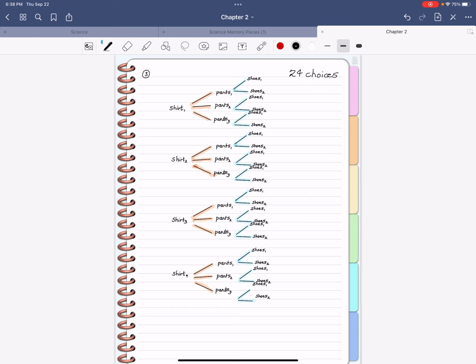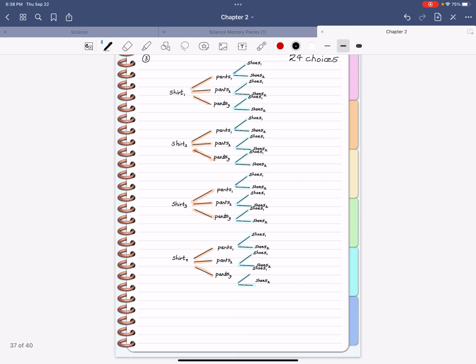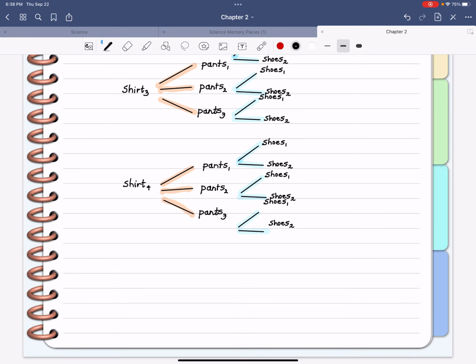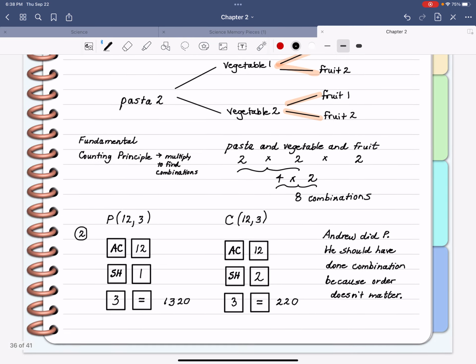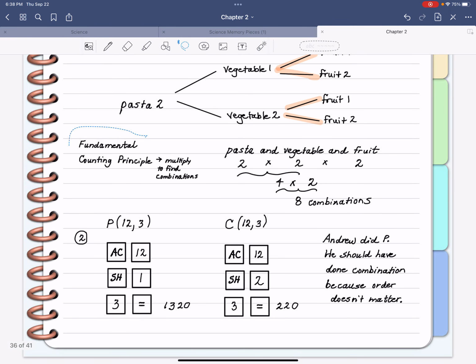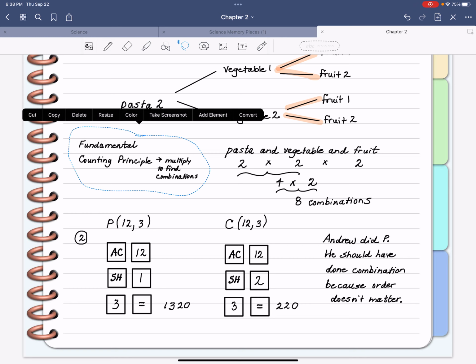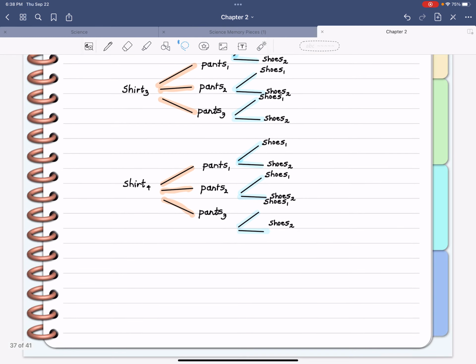But yet he has 24 choices of outfits. So if I can draw a tree diagram, I can use my best friend, fundamental counting principle. So let's see how that works out for us.